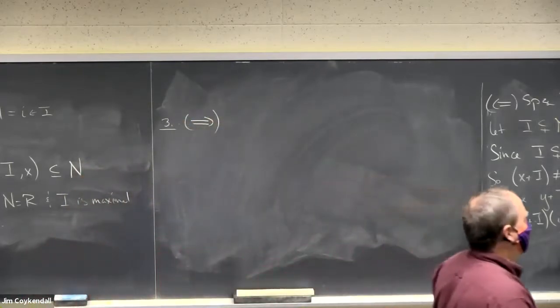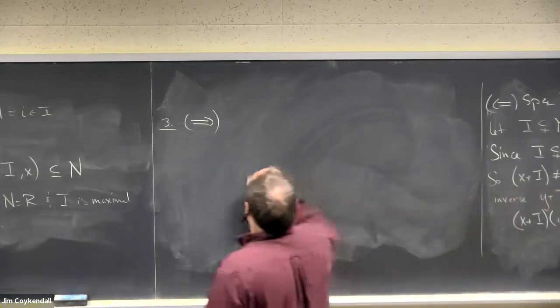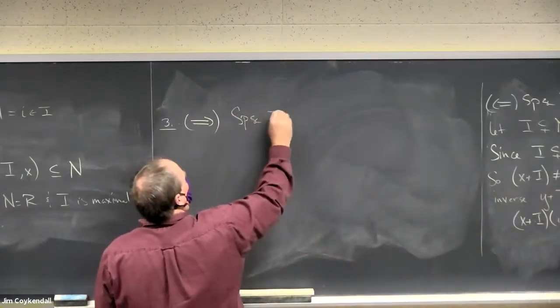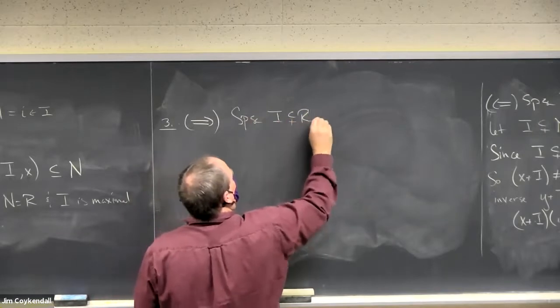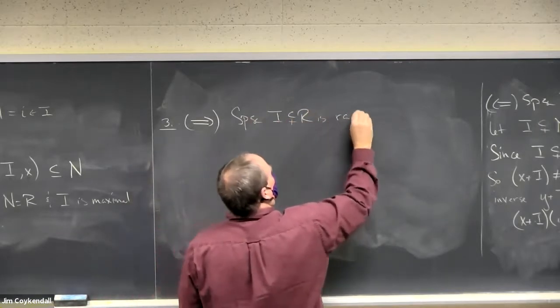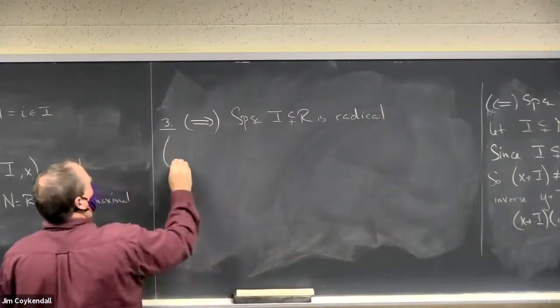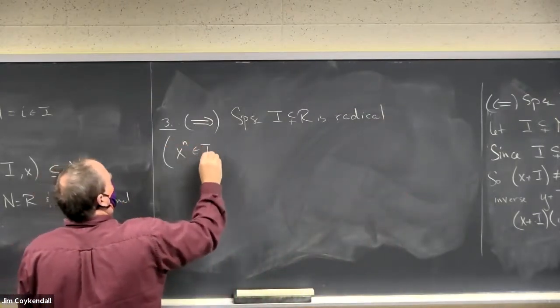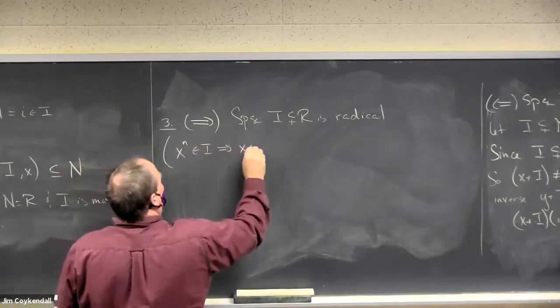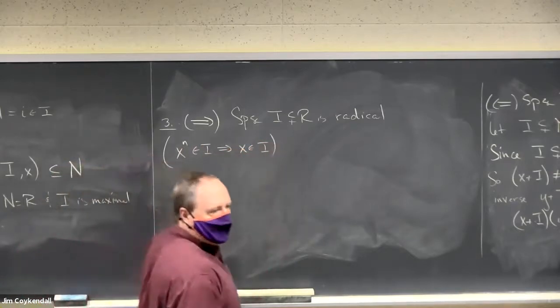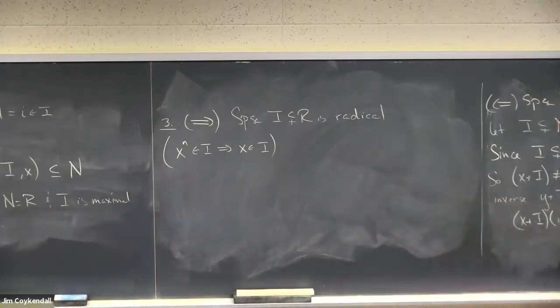Let's suppose that I in R is radical. Let me briefly debrief on what this means. This means that if x to the n is in I, then x is in I. Because the radical is the set of everything with some power in I, but it's a radical ideal, so it already contains it.